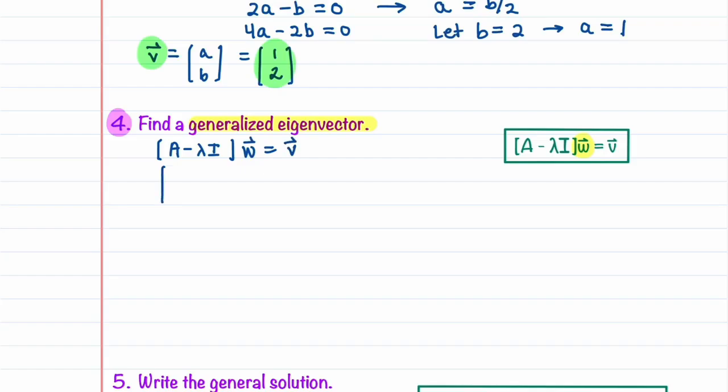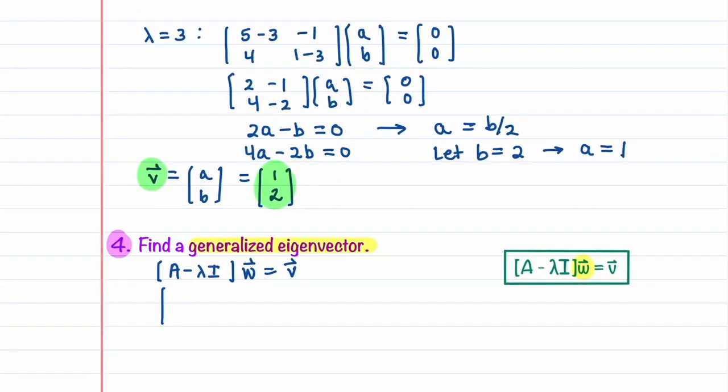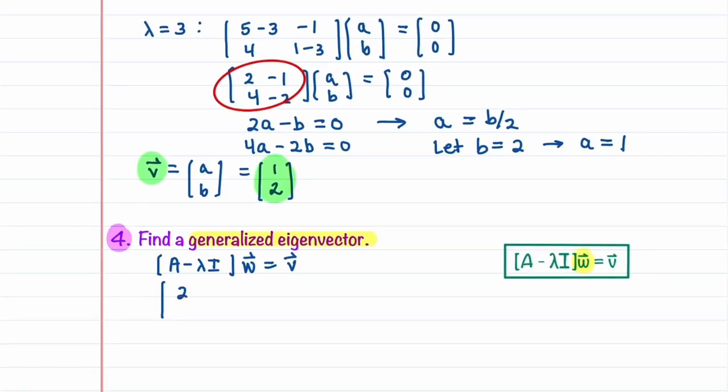A minus lambda I, that's just what it was before. Let's go up here and I'll show you where that comes from. It is right here. So we have [2, -1; 4, -2], and now we're going to multiply this by w. I'm going to call the components of w, w1 and w2, and it's equal to vector v, which we just got, and that's [1; 2].